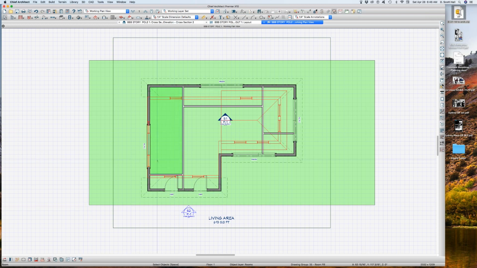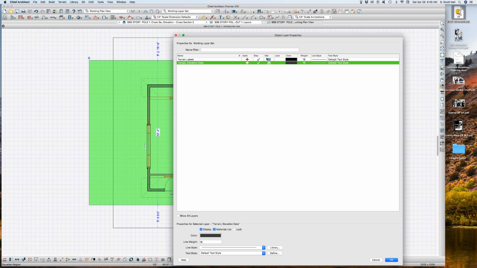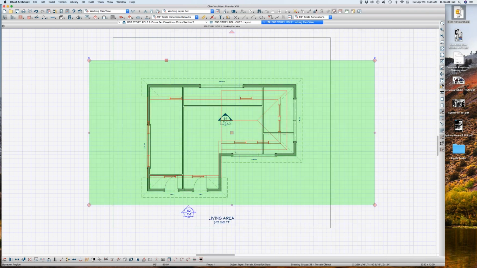And so I'm going to come over to, you know what this is. I'm just going to turn this off. Elevation data, turn that off. Okay.